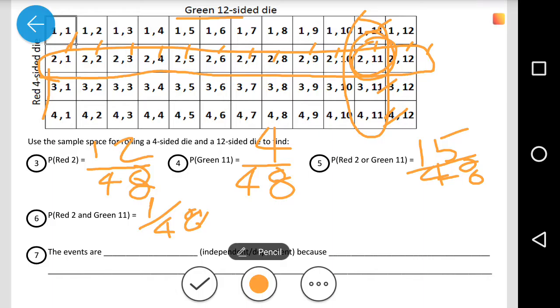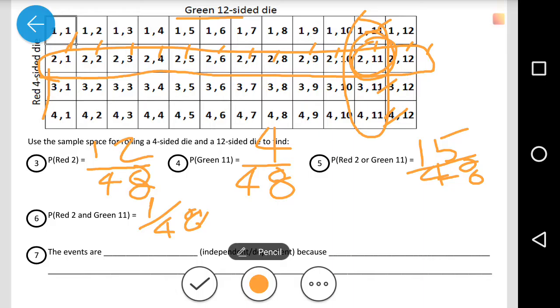We roll the green die, we still have a 1 in 12 chance of getting an 11 on the green die. So logically, we can say they're independent, but there's a way we can do that mathematically as well using the multiplication rule. And I'm going to do that as well.